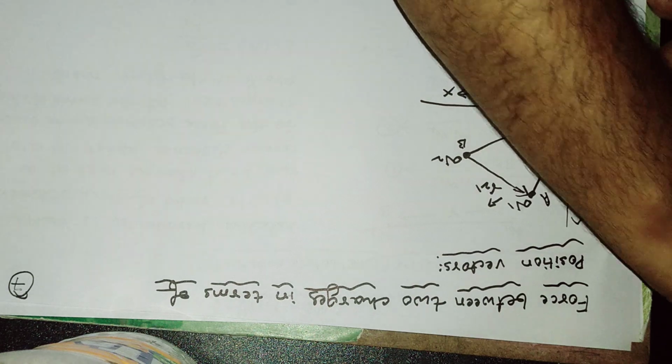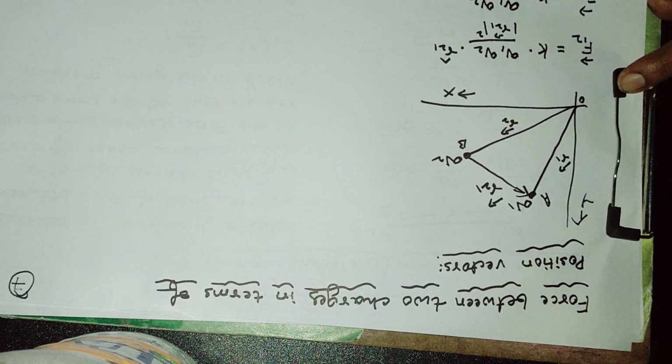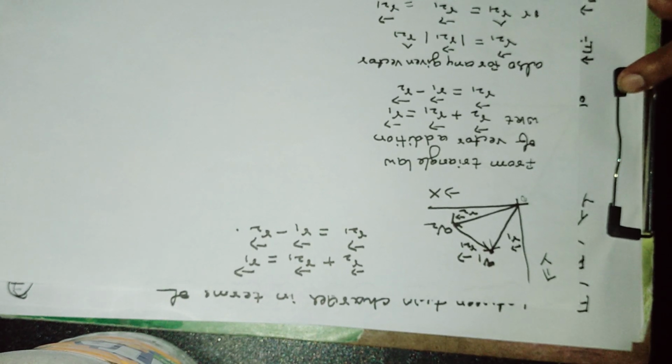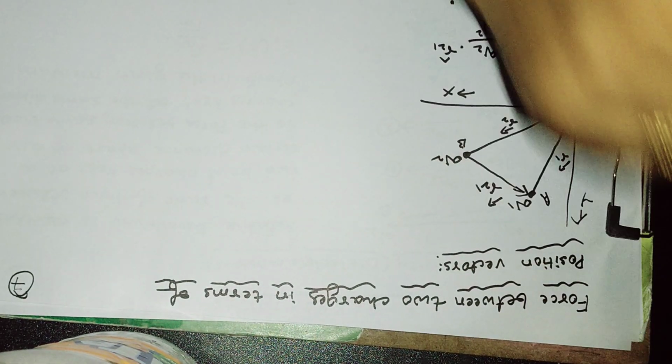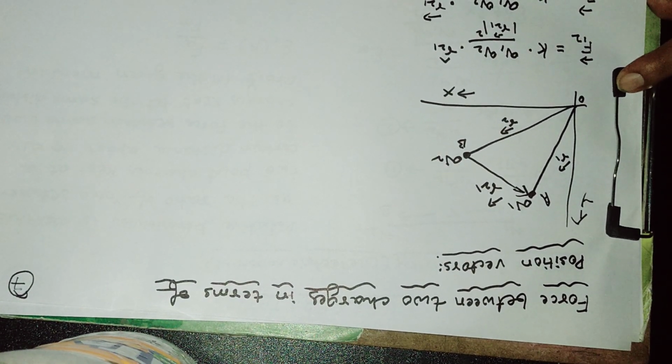So I may rewrite it as magnitude of vector R1 minus vector R2 whole square into unit vector R21. We had written unit vector R21 as vector R21 by magnitude of vector R1 minus R2.